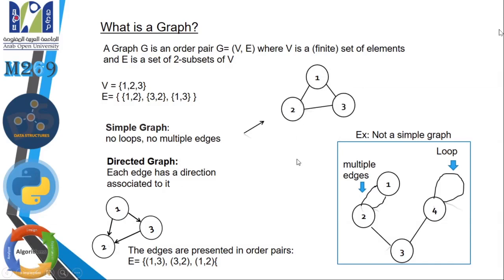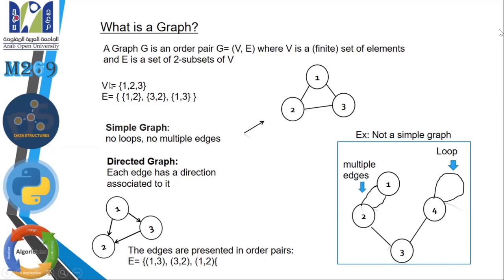If you have, for example, a company with buildings, you can draw a graph for that. And E is a set of subsets of V. Example: 1, 2, 3.